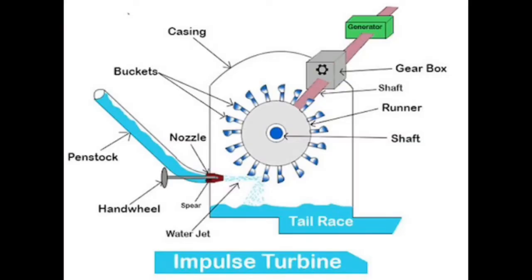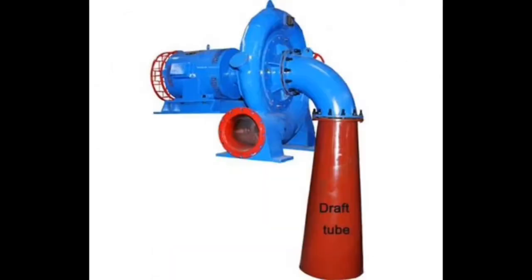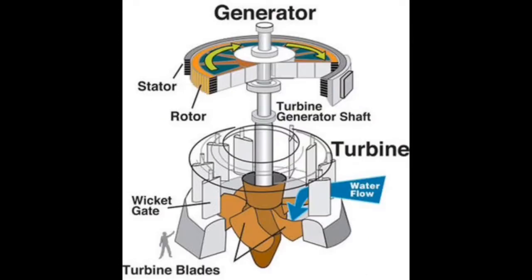11. Impulse turbine. This turbine is preferred for high water head and low water flow. 12. Draft tube. The draft tube is a conduit or pipe of appropriate diameter that connects the turbine runner to the tail race. 13 is generator.